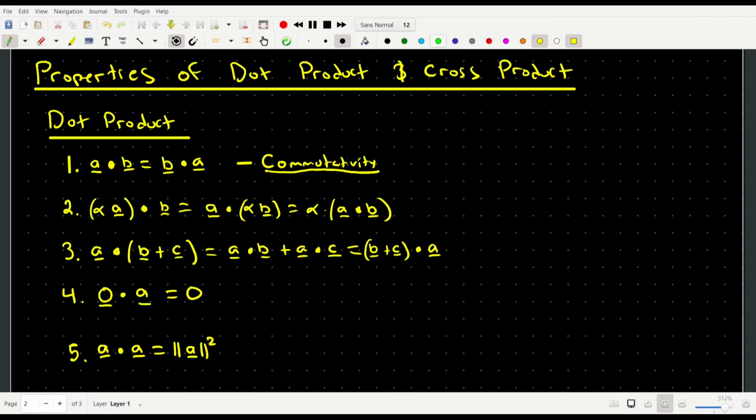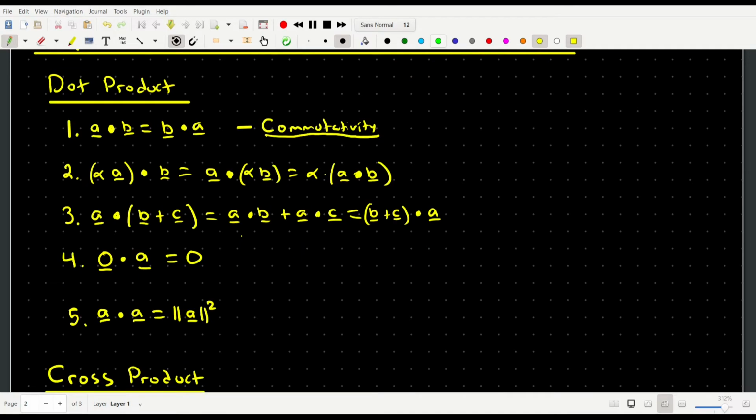You can do A dot B or B dot A and you will always get the same number. The next property is associativity of scalar multiplication. So you can have, say, alpha times A dot product with B vector is the same thing as A dot product with alpha times B, which is the same thing as alpha times A dot product B. All of these are relatively easy to show using either the algebraic or the geometric form.